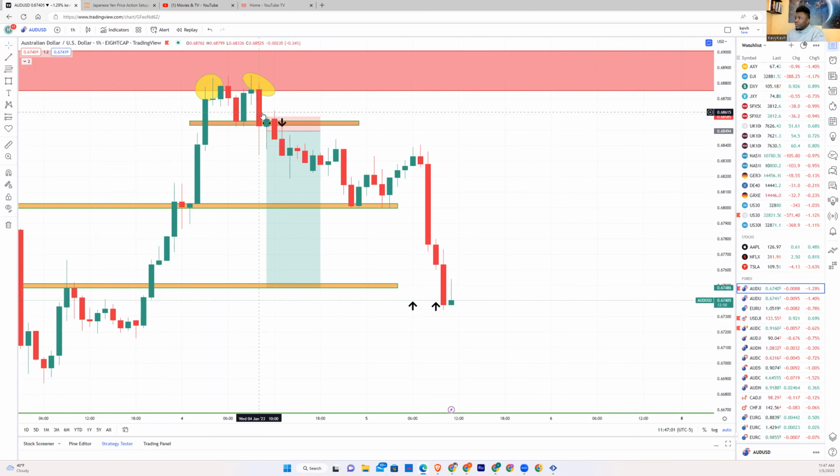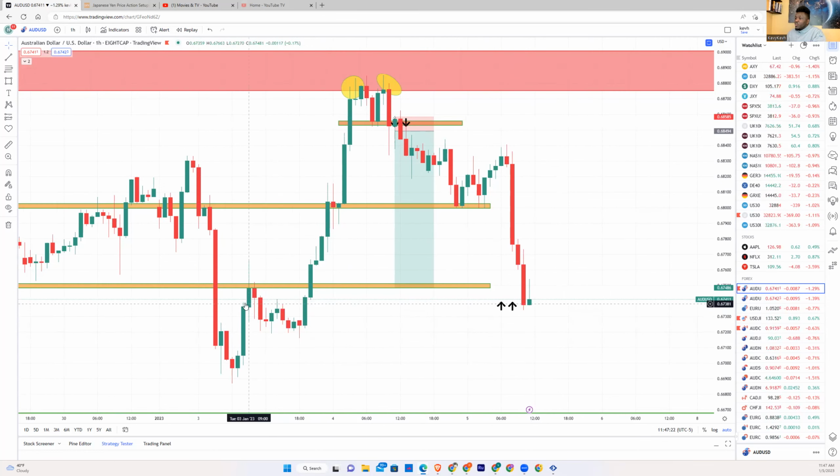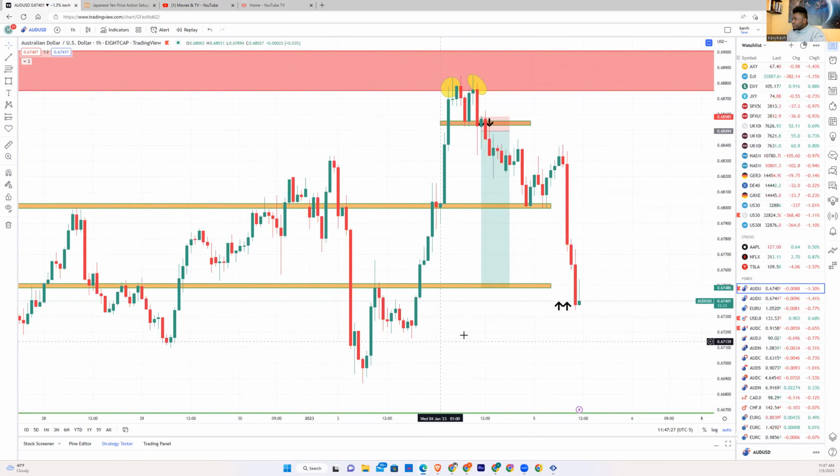So, it just kept dropping, hit our take profit one, hit our take profit two. And from the look of things, I was expecting this market to make some kind of a reversal in this area right here. More so because of the pattern that we have in this area.